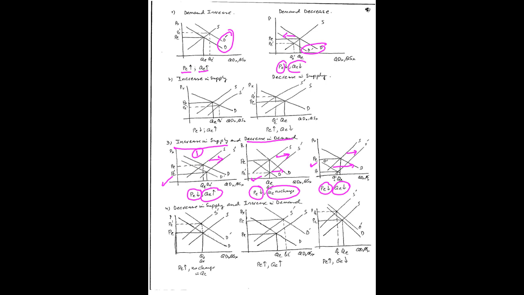And you can see I have drawn all these possibilities. This is the second scenario, decrease in supply and increase in demand. This is the third scenario, and this is the fourth scenario. So I've drawn all these diagrams for you that I've already uploaded to your course website. You're not going to find all these diagrams in your textbook, unfortunately, but I have given you all those options.